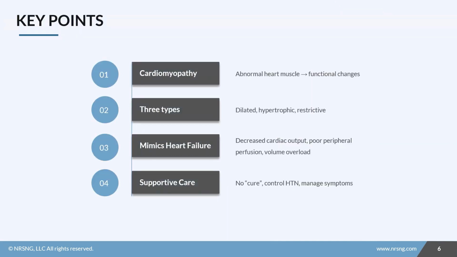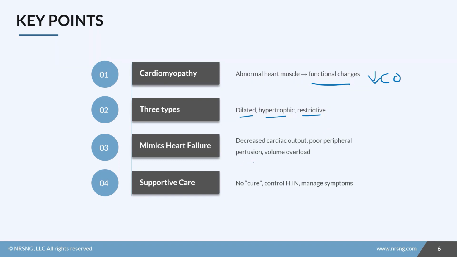So to sum up, cardiomyopathy is an abnormality of the heart muscle, which leads to functional changes and decreased cardiac output. There's 3 types: dilated, which is a contractility issue; hypertrophic, which is a thick wall filling issue, preload issue; and restrictive, which is a filling issue and a decreased stroke volume.